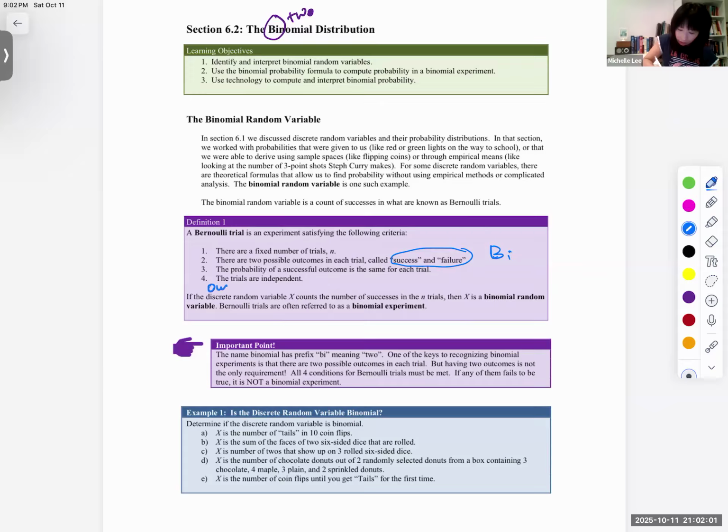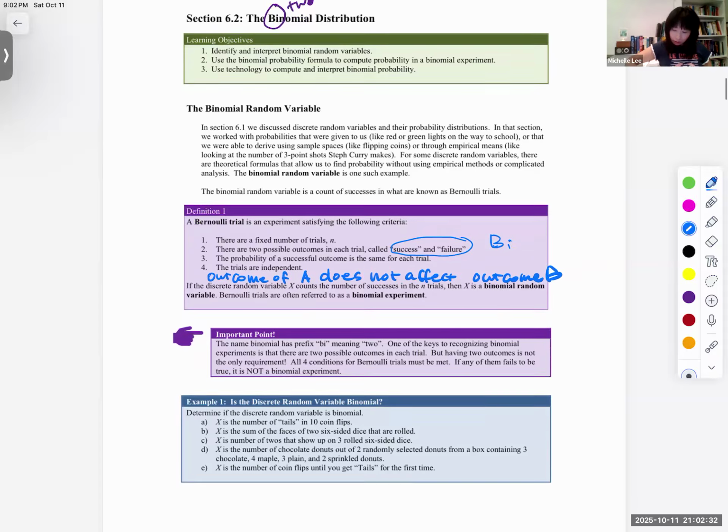The outcome of event A does not affect the outcome of event B, right? So we have to satisfy all the criteria in order to be a binomial experiment, right? Okay.